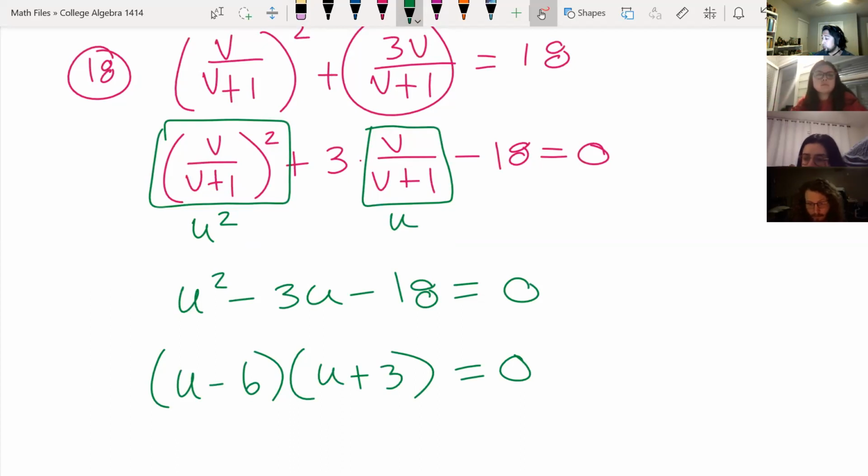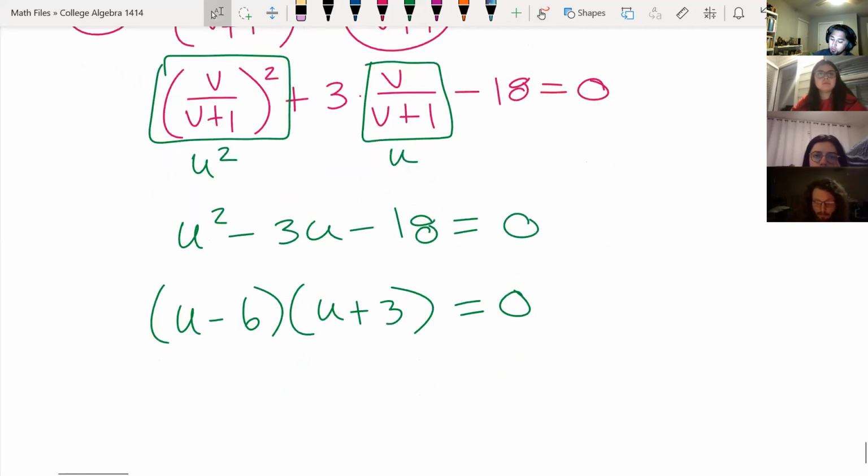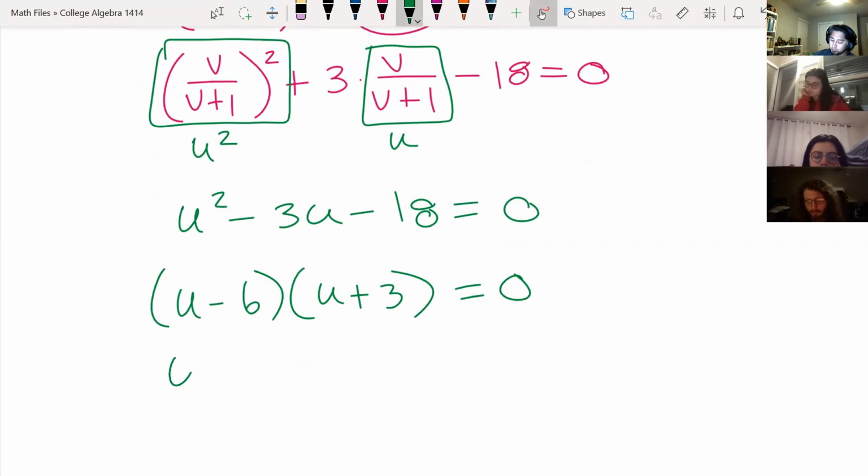All right, how are we doing so far? Good, all right. And now U equals 6, U equals negative 3.